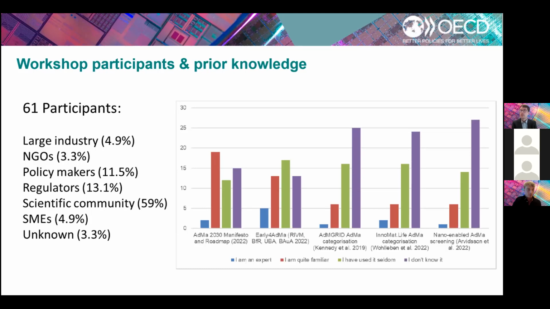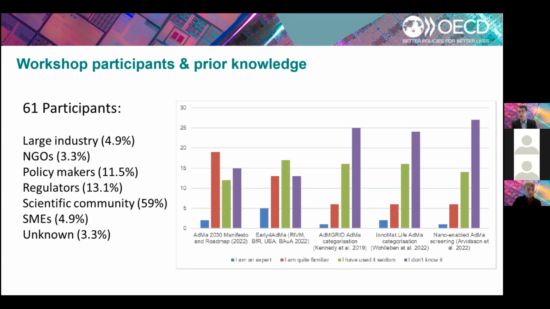And also still many were familiar with the Early4AdMa. But for all of the other 3 schemes, most of the participants were not familiar and had no experience. Our composition of 61 participants was good. It was diverse, many different countries represented and different types of participants from all of the categories you see on the left.